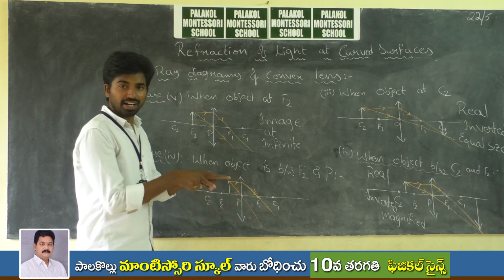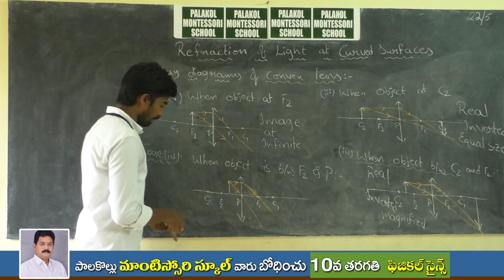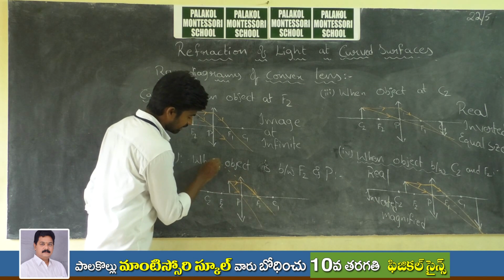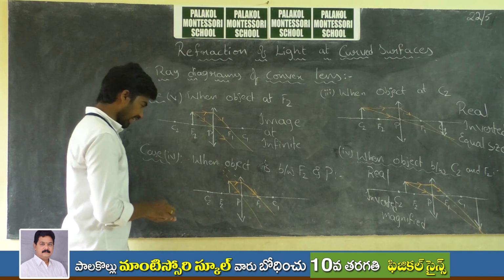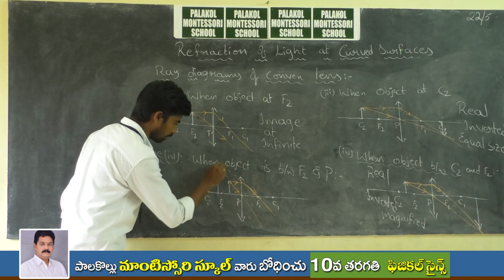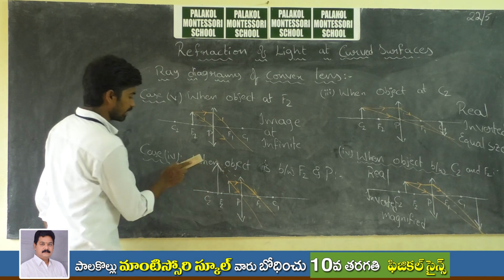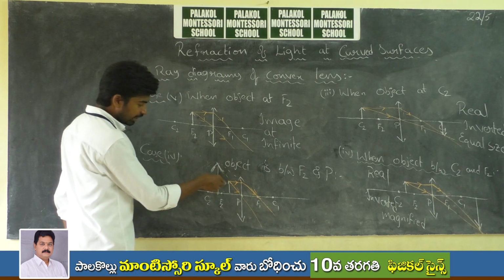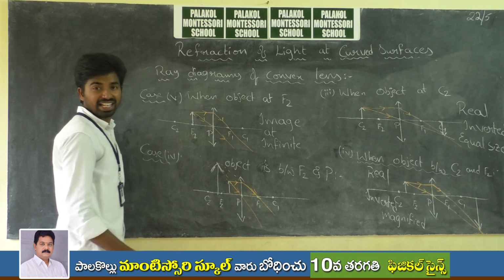These light rays are going away, hence just extend these light rays in the backward direction. If you extend these light rays, they will get intersected at some point, and there you will observe the image of the object. So the image will be formed at this point. If you observe clearly, this is not the intersection of real light rays.